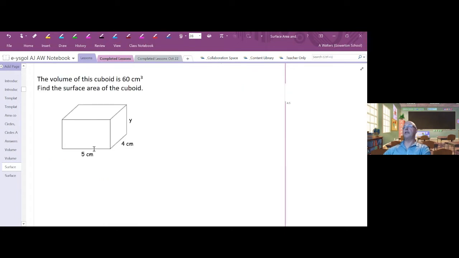Now, on this occasion, I'm telling you what the volume is, but I'm asking you for the surface area of that particular cuboid. Okay. Now, the volume is 60, so for a cuboid, you would multiply 5 by 4 by the distance y, and it's 60.